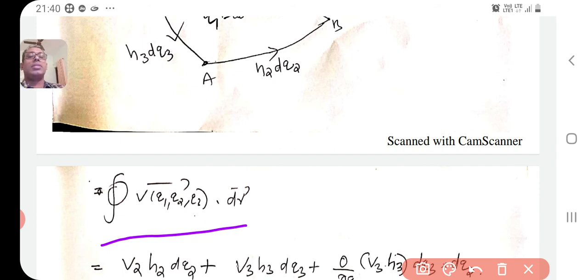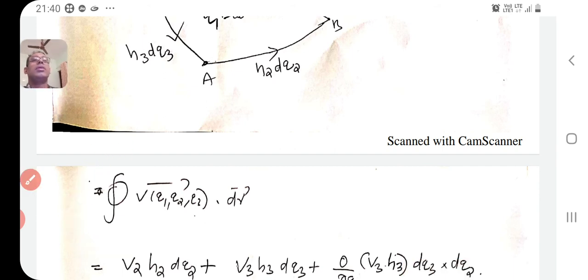This is a line integral, so we are traveling like this.